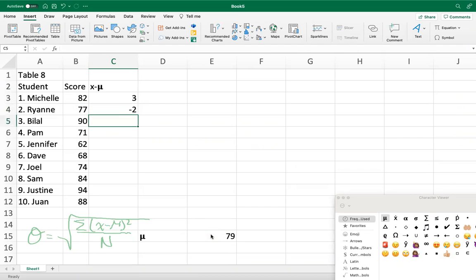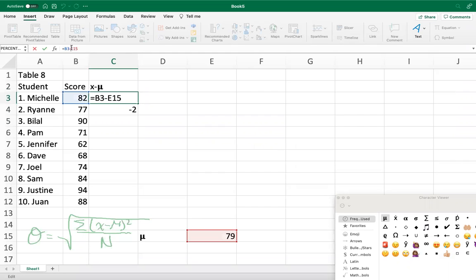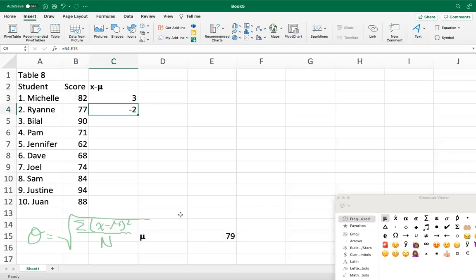But since we are a little bit lazy, what we're going to do is put dollar signs around the value we don't want changed. For all of these, it's always going to be x, whatever this value is, minus the mean, and we have a value for that mean right there. So we hit enter. Now that we have our mean locked in, because we don't want that to change, we just drag all the way down, and it gives us all of these data values right here.